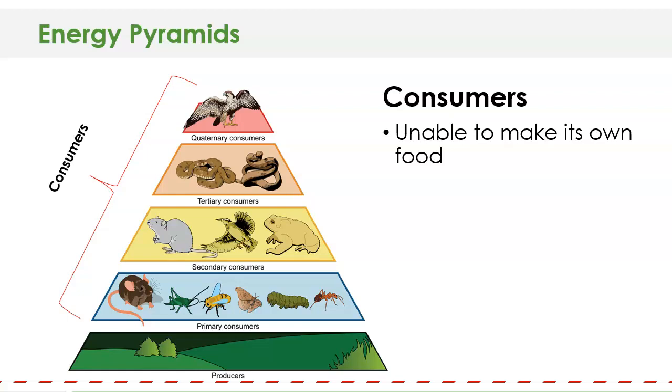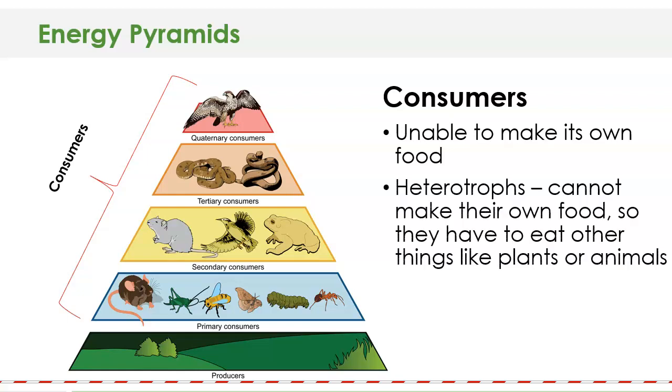So it is dependent upon either eating producers or eating things that eat producers. So they are known as heterotrophs. Heterotroph is a word that means an organism that cannot make its own food. So autotrophs can make their own food. Those are producers. Heterotrophs cannot make their own food. They are consumers. They have to eat other things like plants and animals.